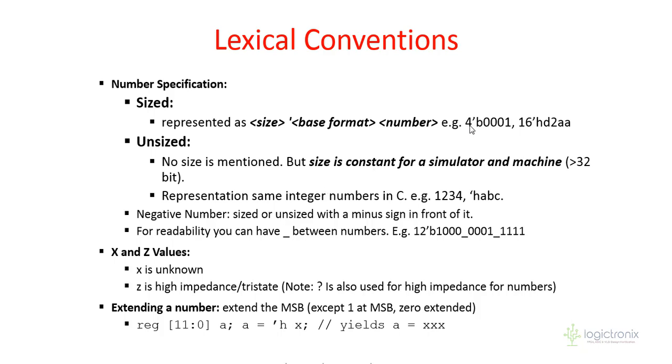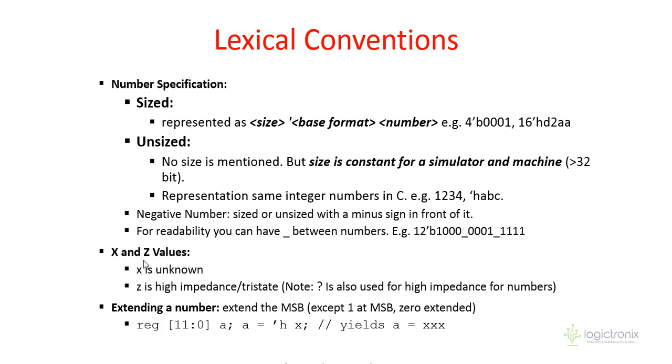Verilog numbers or variables can be assigned with sized or unsized numbers. Sized means, for example, this signifies a 4-bit binary 0001 value, and this signifies a 16-bit hex D2AA value. Numbers can be negative, or for better readability, we can separate the digits with underscores.